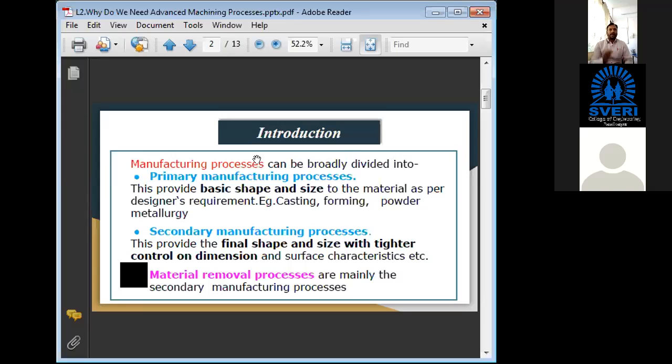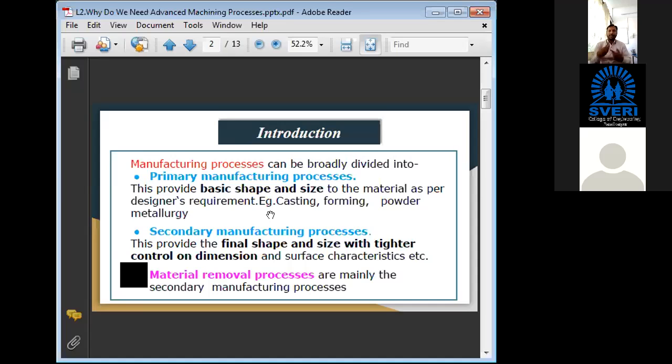Primary manufacturing processes provide the basic shape and size to your work material, as per the designer's requirement.